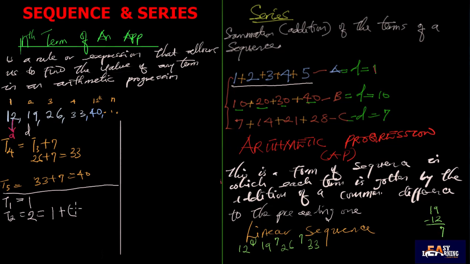But before we add the common difference, we need to know the number of terms. The first term here was 1, and this is term 2, so you're going to have 2, and then we take away 1 from it, and then we multiply it with the common difference.